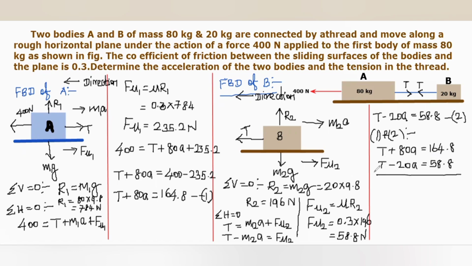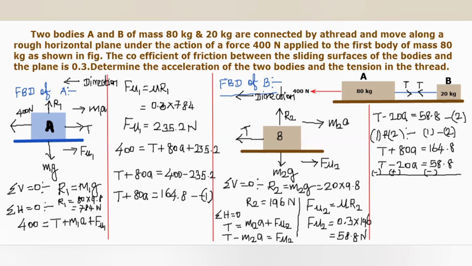Here it's better to cancel the T. So change the sign. That means first equation minus second equation. The coefficients in the second equation, we have to change the sign.